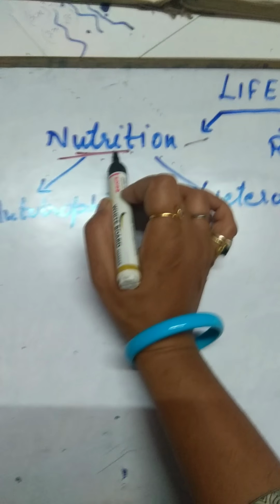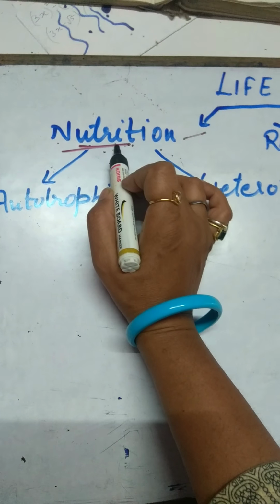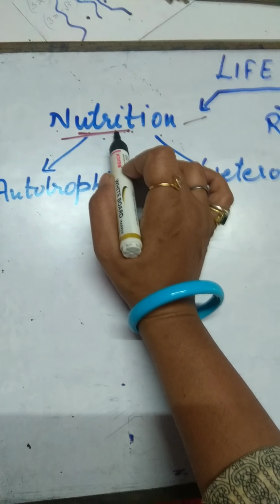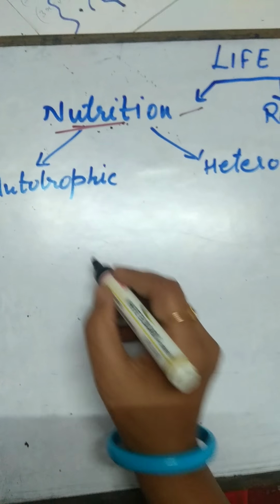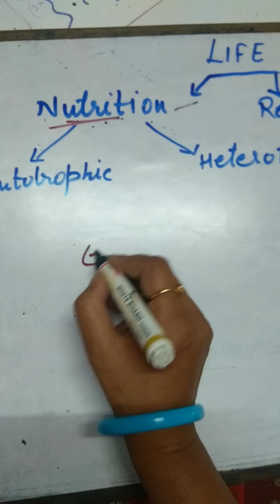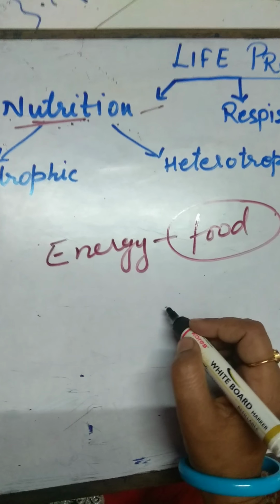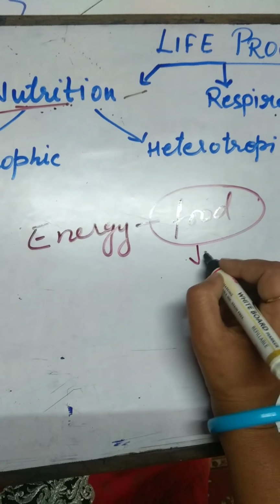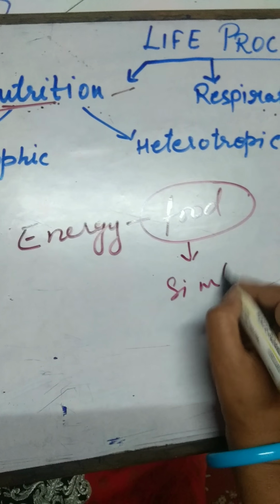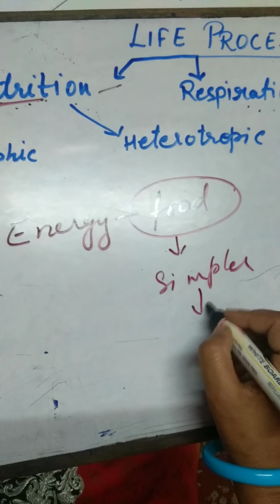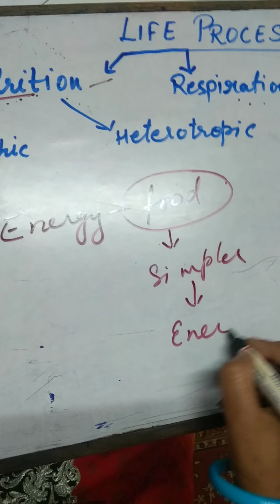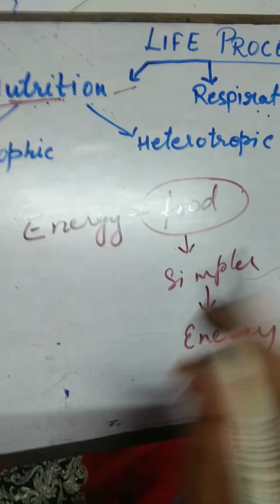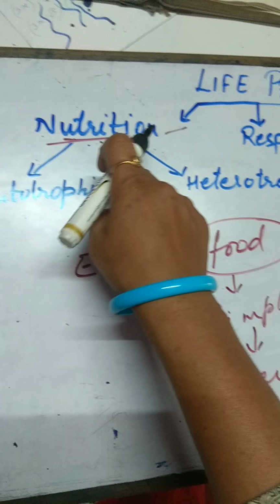Already in the previous session, we have discussed that all living organisms require energy, and that energy we get from food. Whatever food we are taking is converted into simpler form, and again it is converted into energy. So, on the basis of this, we have studied nutrition.